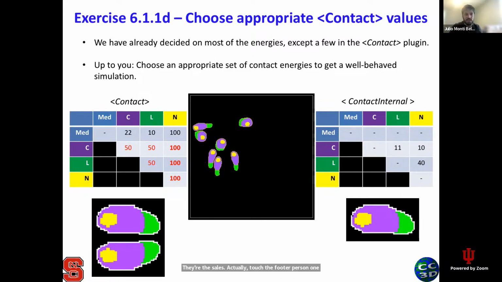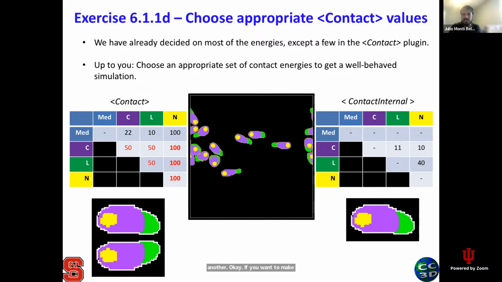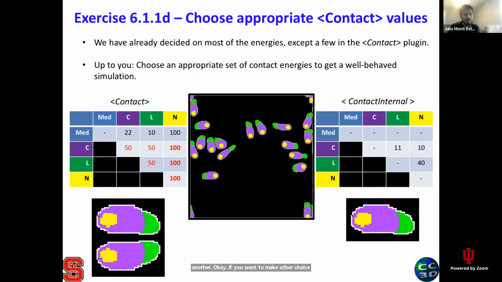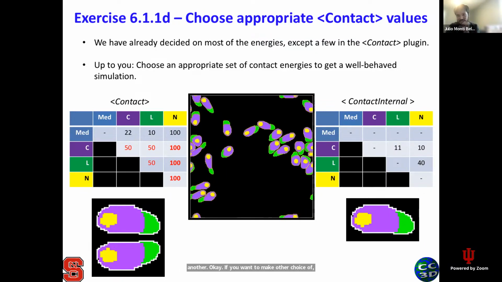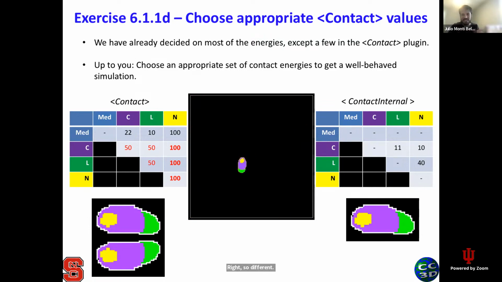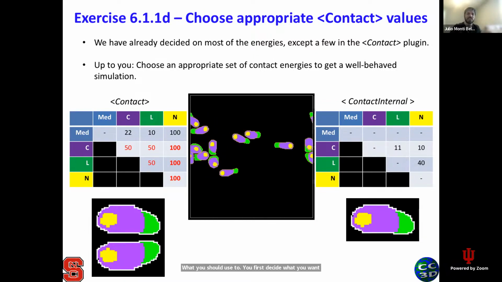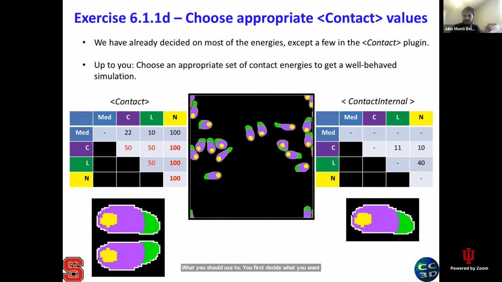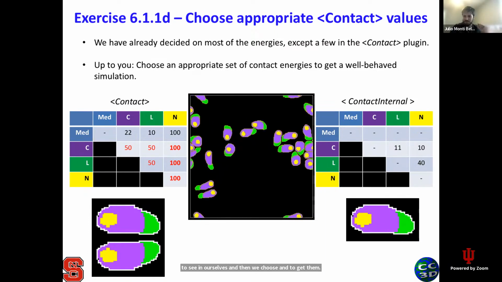Another choice of energies will give rise to different cell behavior and cell patterns as they move along. Okay, then it's up to you. You first decide what you want to see in your cells, and then you choose the energies until you get that appropriate behavior.